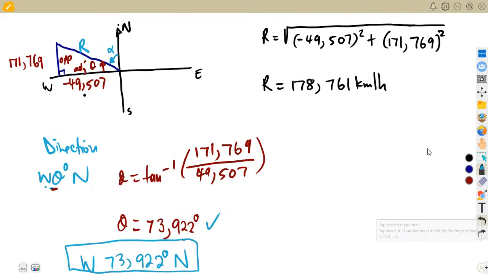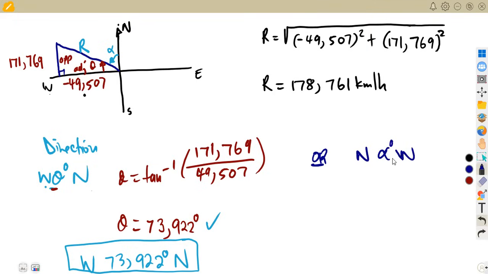Okay, if I consider this direction, it means I'm moving from the north. The pole that I'm starting from in this case is the north, going to the west direction. So we are going to have this as from the north going to the west, which is alpha degrees to the west.